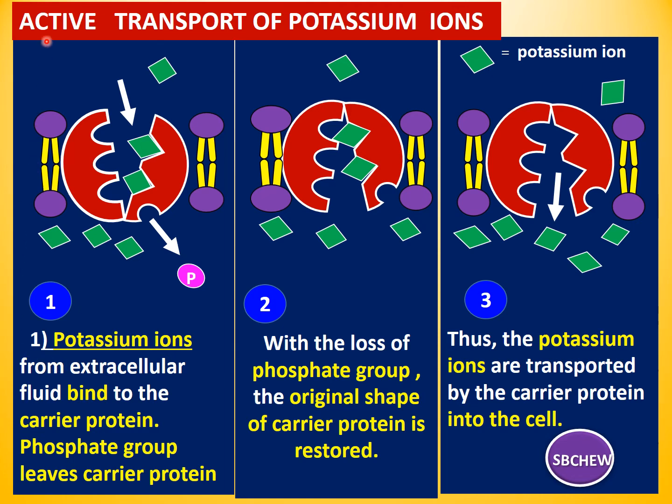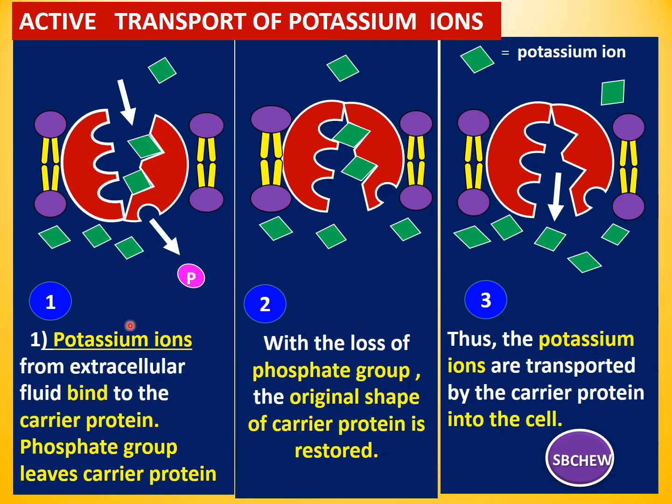So to continue with the process of active transport, the same carrier protein that was used to transport the sodium ions out of the cell is used to transport the potassium ions into the cell, again by active transport. But then this site now is used. The binding site is different. The binding sites for potassium ions are on the opposite side here.